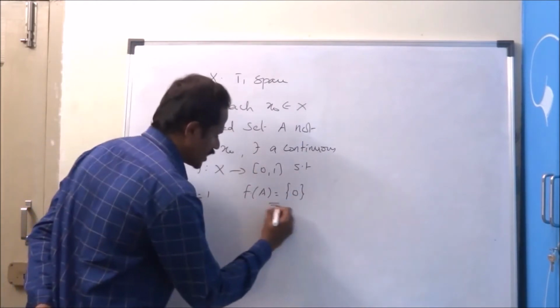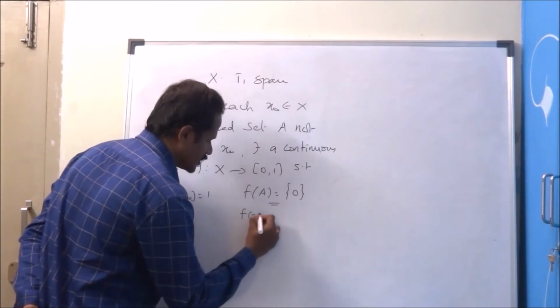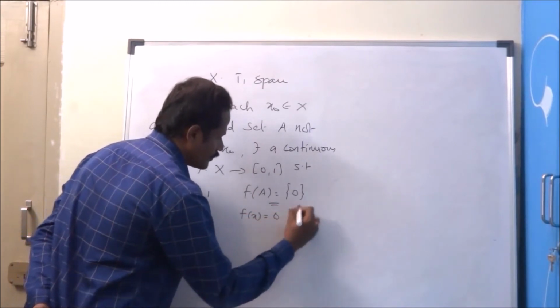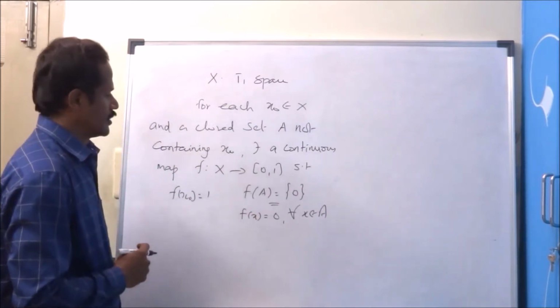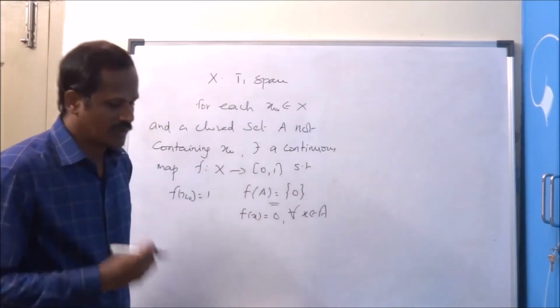So by this we mean that f of x is equal to 0 for every x in A. Then we say that X is a completely regular space.